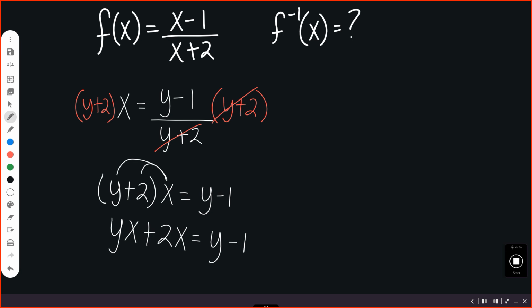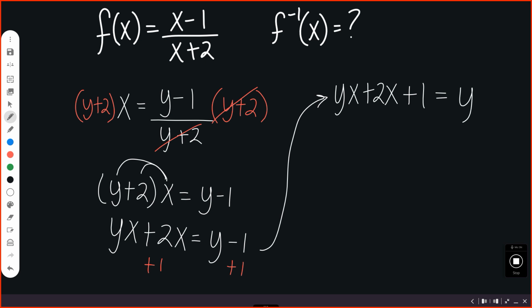So let's try to get y's on my right. Let's add 1 to both sides. Then I get yx plus 2x, and then we have a plus 1 at the end, and then just one y to the right.